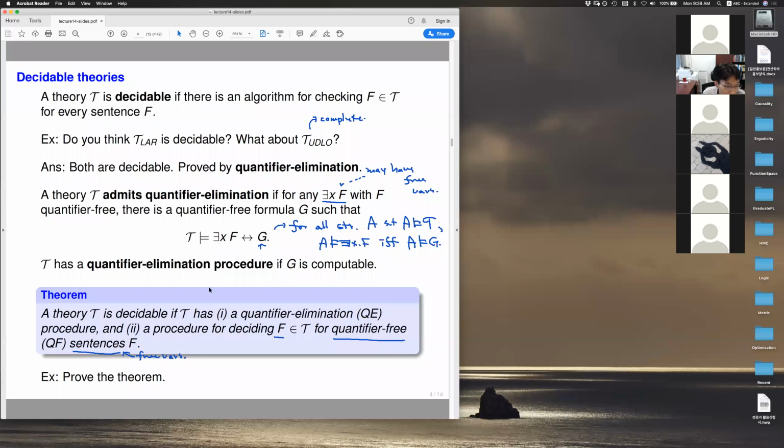Yeah, okay, so actually the theorem is quite easy to prove, although the consequence is quite important. So what we do, if we are given a first order theory, we want to show it's decidable. So then what we have to do is construct an algorithm.